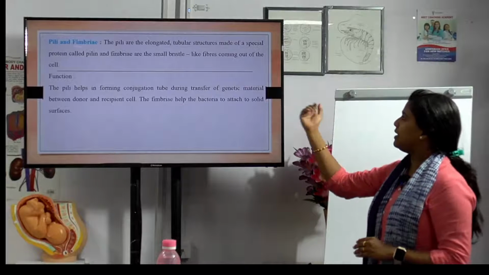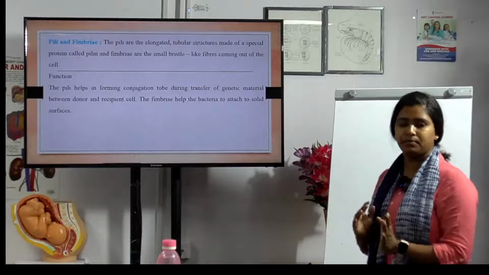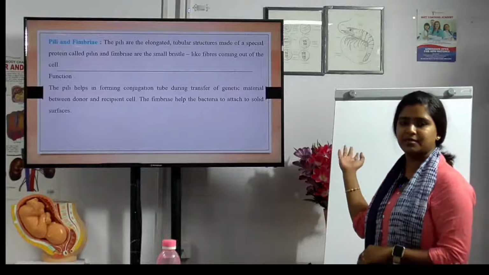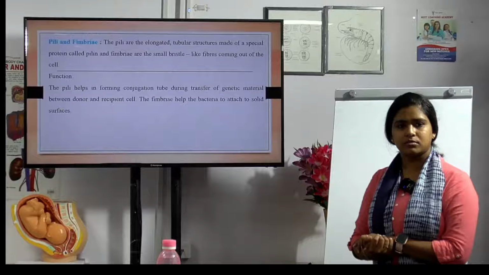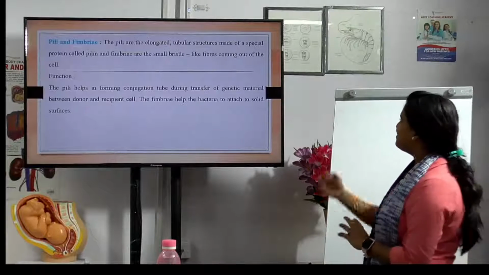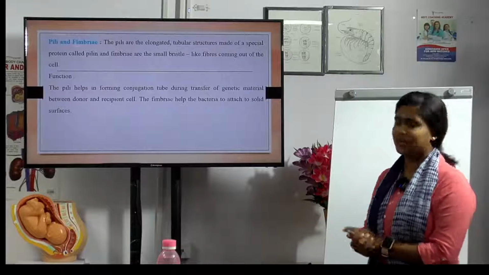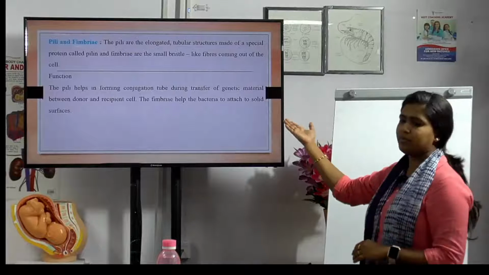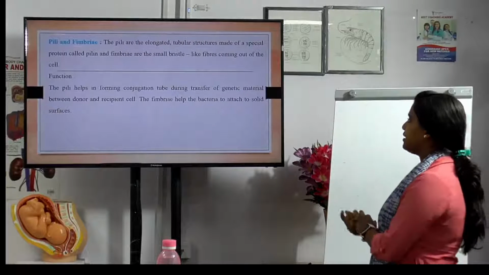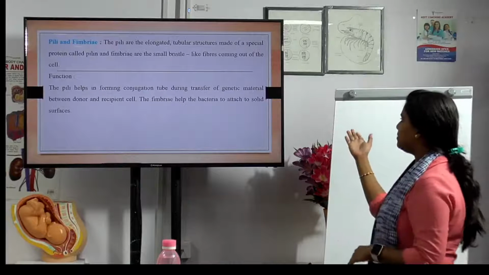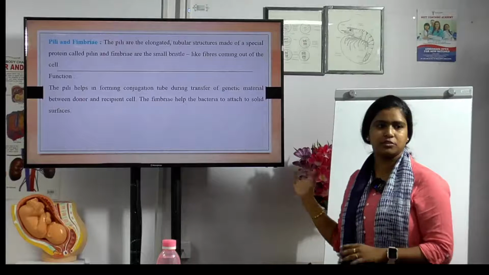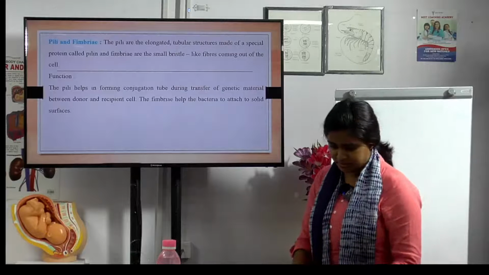Pili is made up of pilin, whereas fimbriae is made up of fibers. The function of pili is forming the conjugation tube during transfer of genetic material between the donor and the recipient cell, and fimbriae help to attach to solid surfaces.